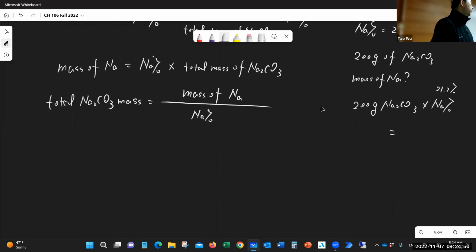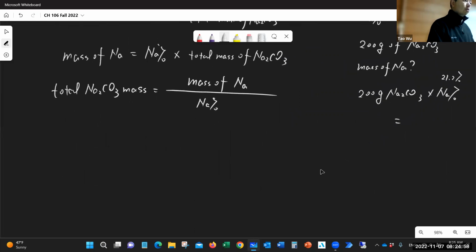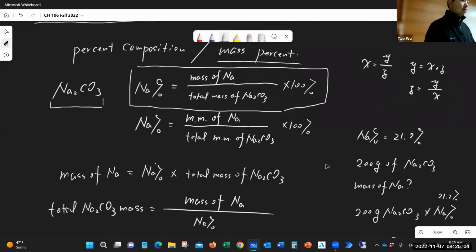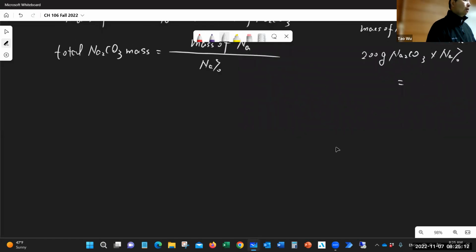I believe I already returned the worksheet to you, so you can review those things. So this is the conversion: we figured out the mass percent and the percent composition. Let's take a break and then we will talk about something more.